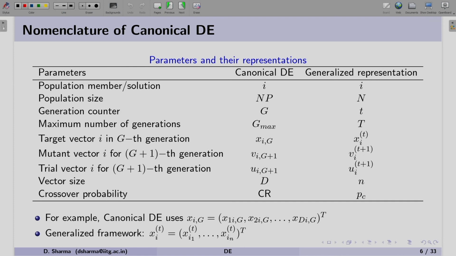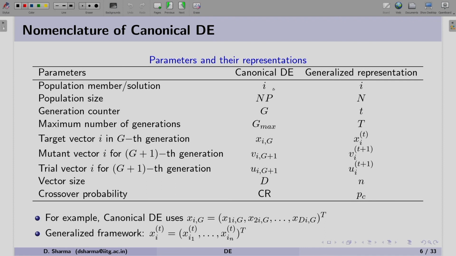Now, let us come to the nomenclature. It is because in the original paper, a different nomenclature is used. As of now, we are using a certain nomenclature, and we will be understanding differential evolution using our nomenclature. So, let us see what the parameters used with DE are, and those parameters are represented in our generalized representation.